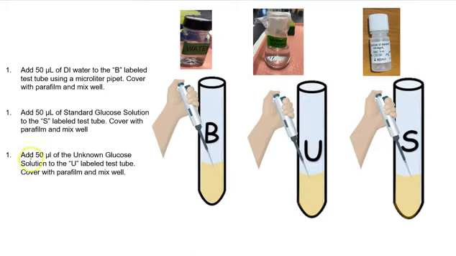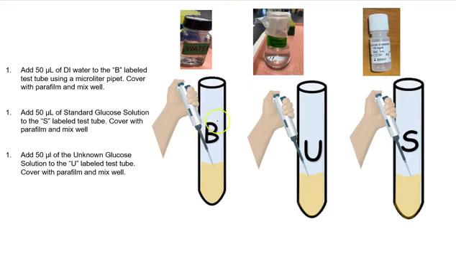Next, we are going to add 50 microliters of each of our solutions, like we have water, unknown solution, and the standard glucose solution, by using the microliter pipette.